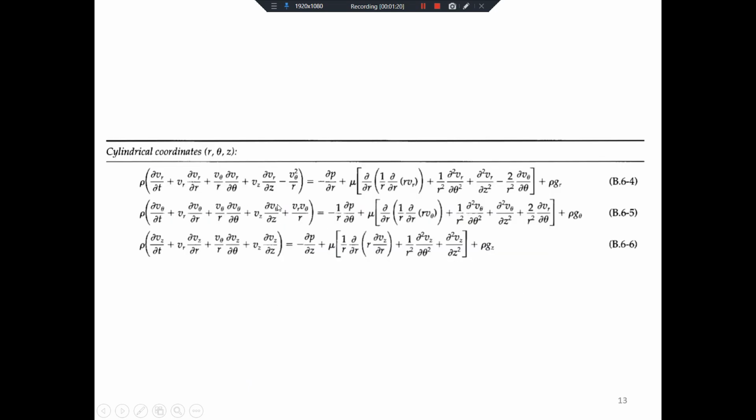Now, if you watched my extra moves, this is basically the material derivative of velocity. So at this point, just use it.